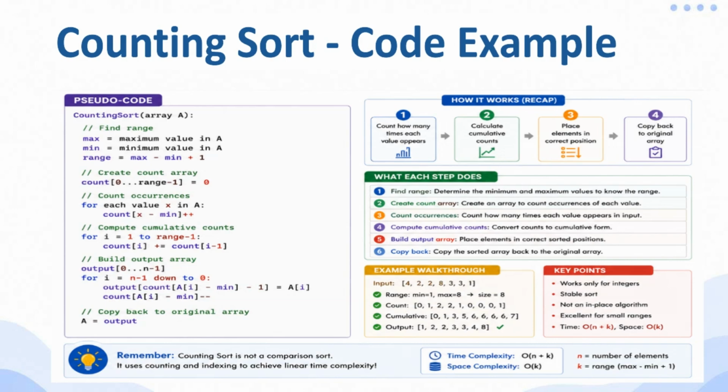We need to find the maximum value, minimum value, and the range, and then create the count array with the number of occurrences for each value, and then get the cumulative counts, and then get the output array, right? So just remember these steps and solve those examples, right?